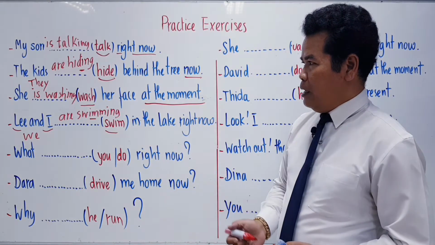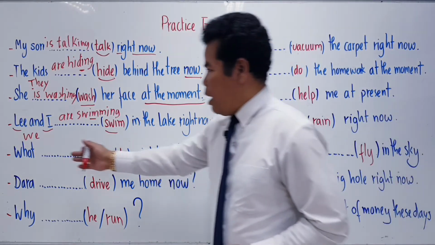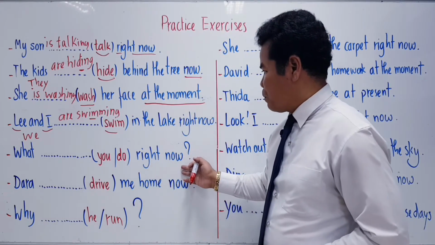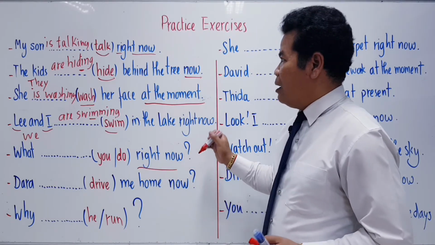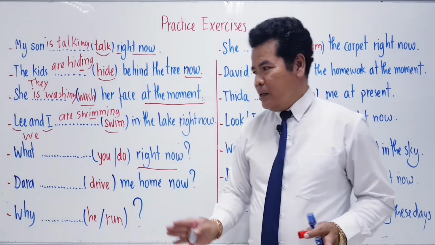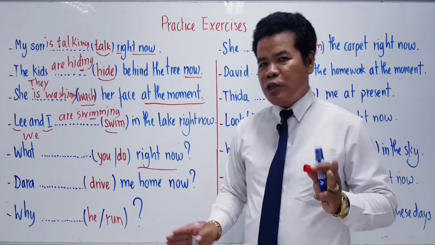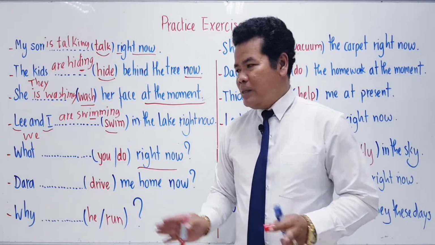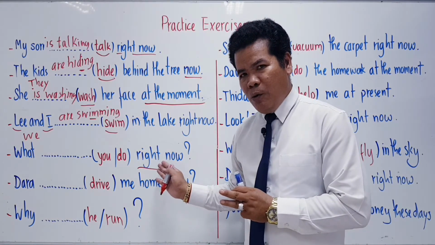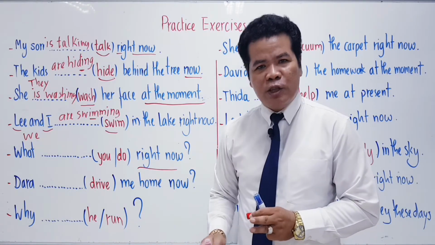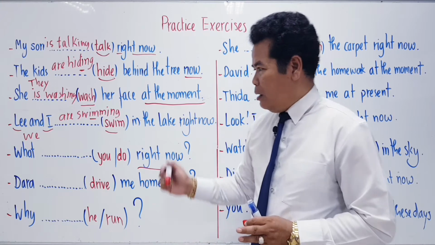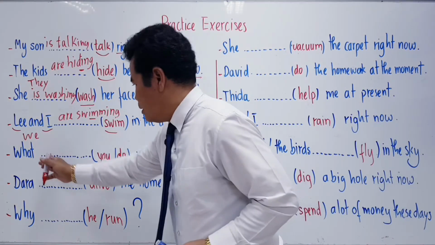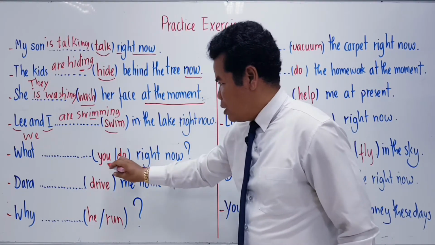Let's go to the other example. And then look at the question. This is not the positive sentence. This is not the negative. This is the question sentence. Alright? So you know how to form the question sentence. Now look at this one. What? Which one is the subject? It's you.